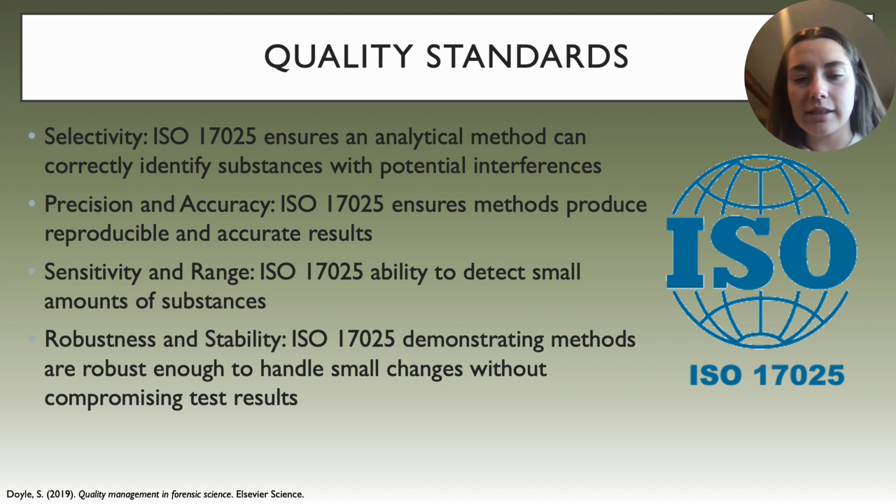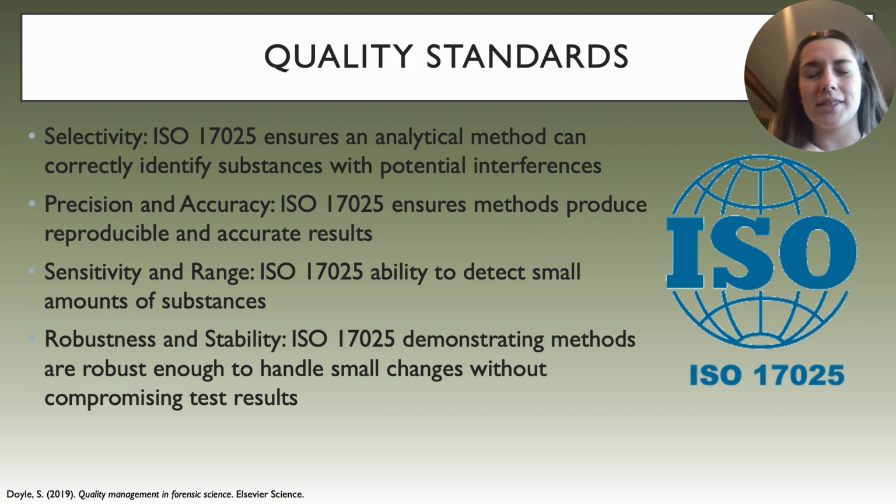Precision and accuracy ensures that the methods are producing reproducible results that can be done over and over again and still have the same outcome every time. Sensitivity and range relate to this standard because it's the ability to detect small amounts of substances.